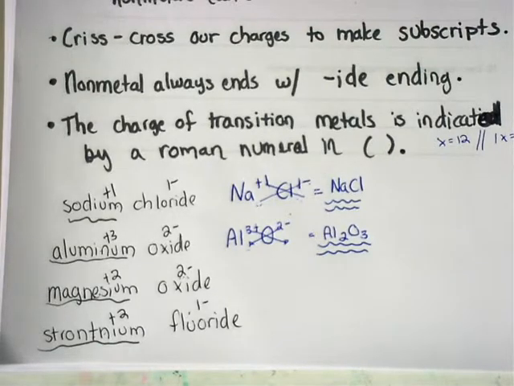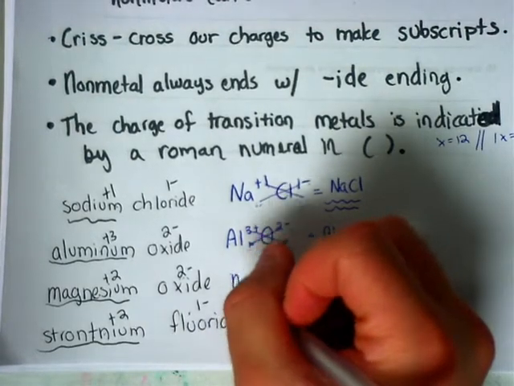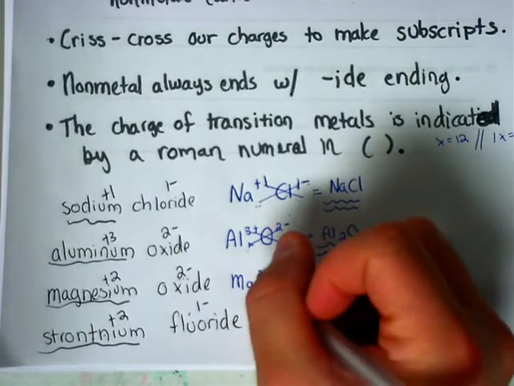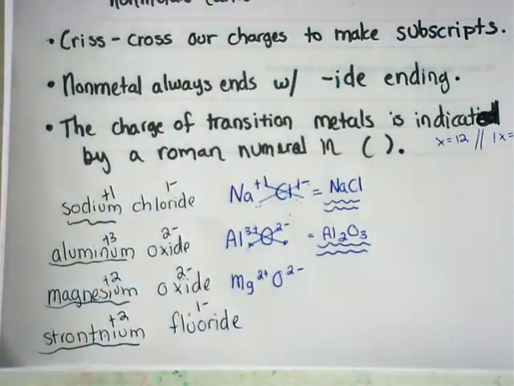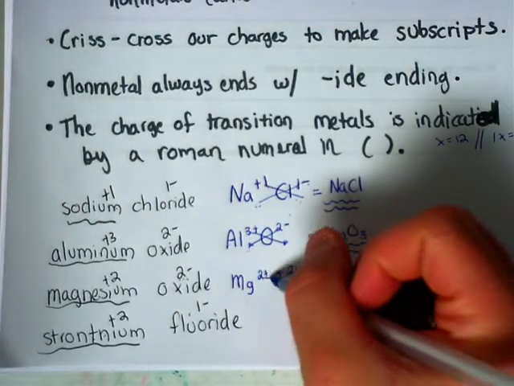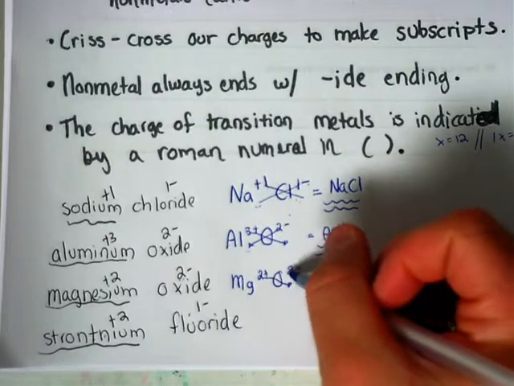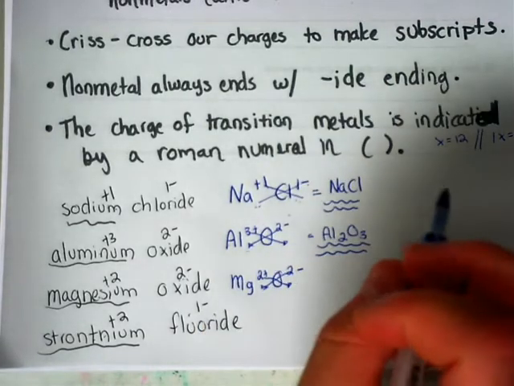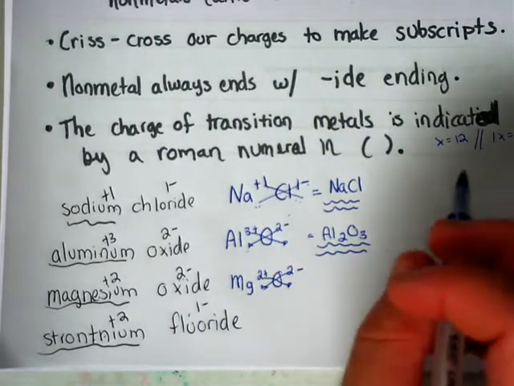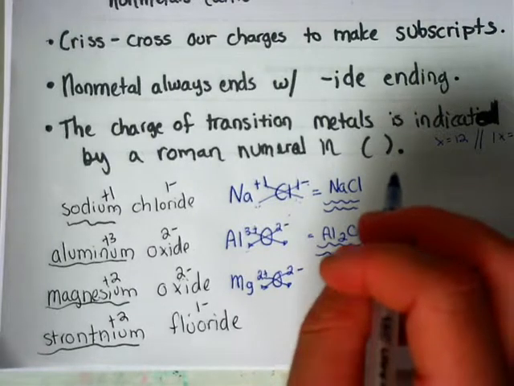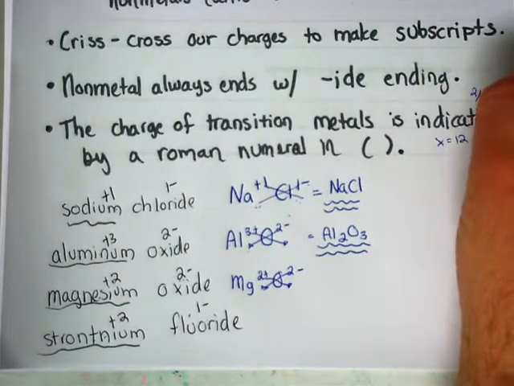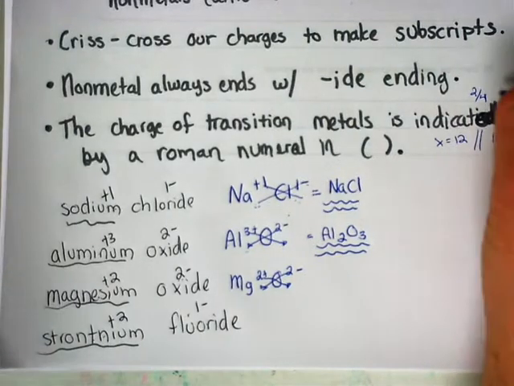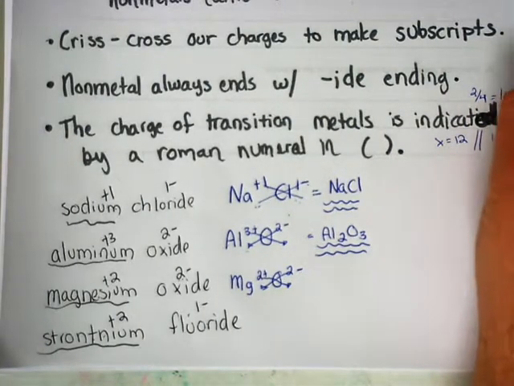The next one, magnesium oxide. Magnesium is Mg and it's 2+. O is 2-. Now you would suspect that I'm going to bring down the 2 to the O and the 2 to the Mg, but here's the deal. If they're the same number, or if you could reduce them, you're allowed to. Like in math, if you get 2/4, a lot of times your teacher would count that wrong because what is 2/4 equal to? 1/2.